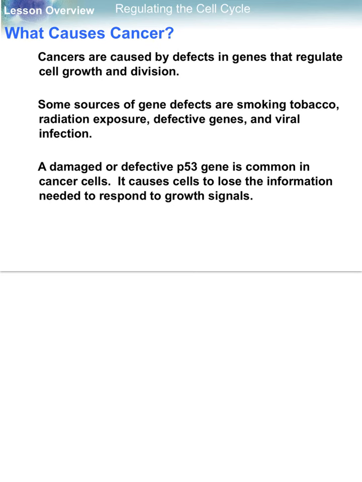A damaged or defective p53 gene is common in cancer cells. It causes cells to lose the information needed to respond to growth signals. The p53 represents a particular gene and a location on that gene.